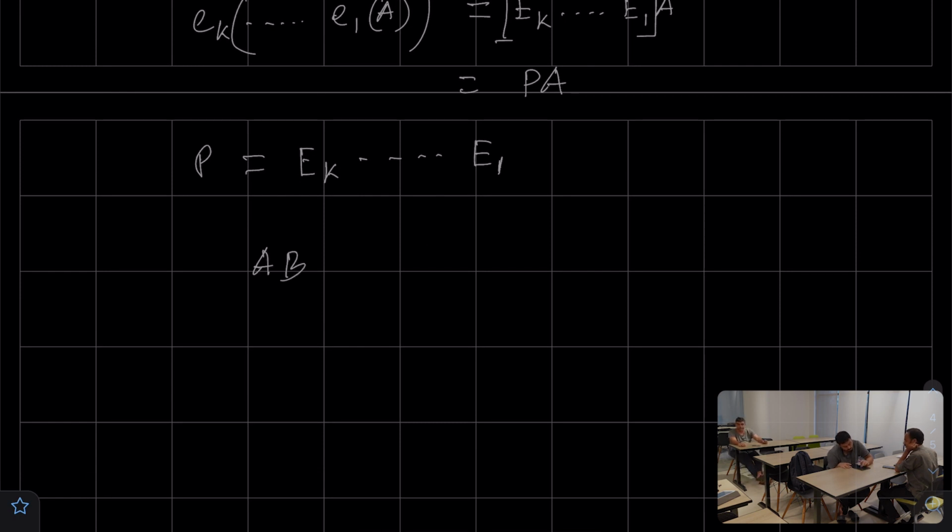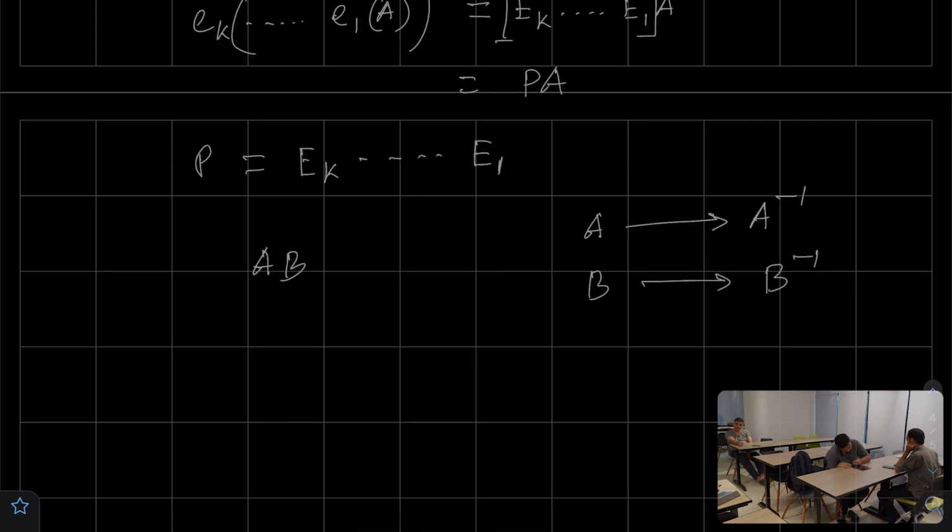A simple example: take AB. These are all square matrices, right? Otherwise you cannot talk about the inverse. Let A be an invertible matrix with inverse A inverse, and B with inverse B inverse.